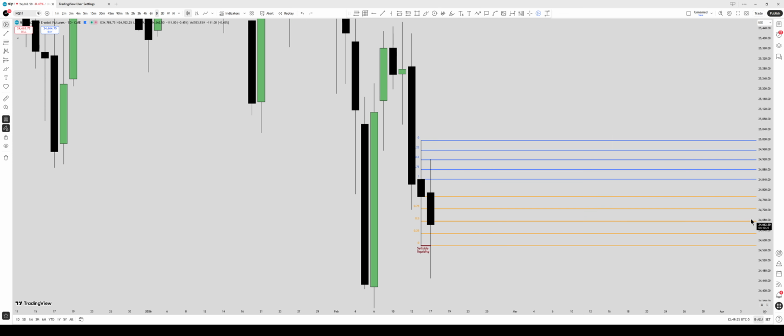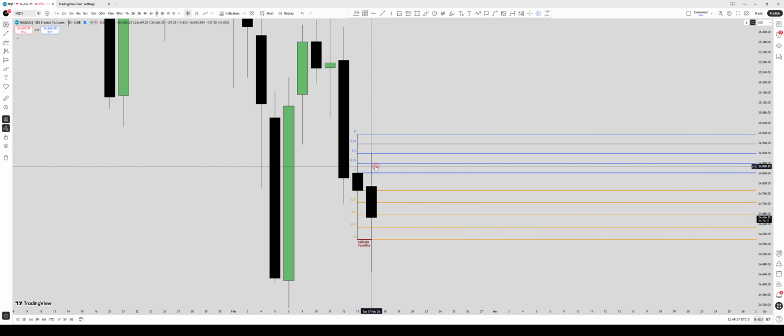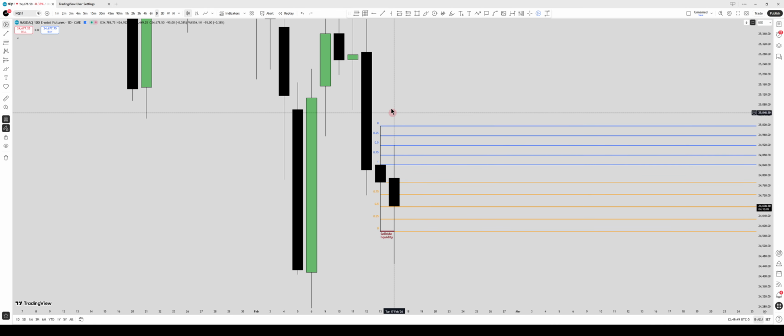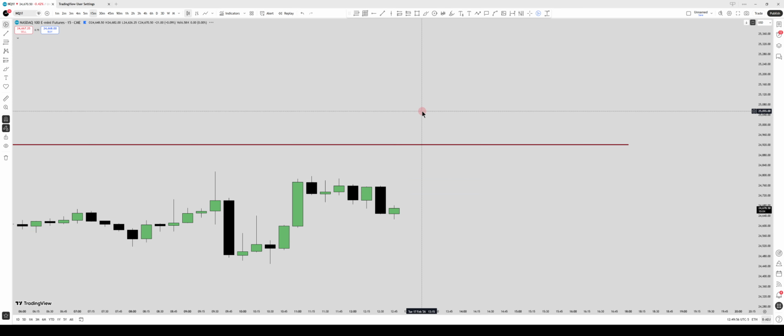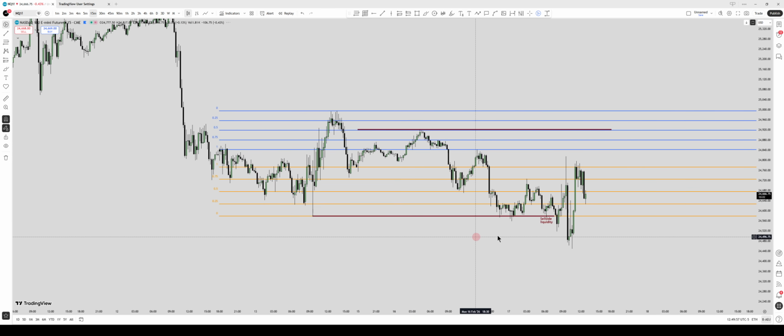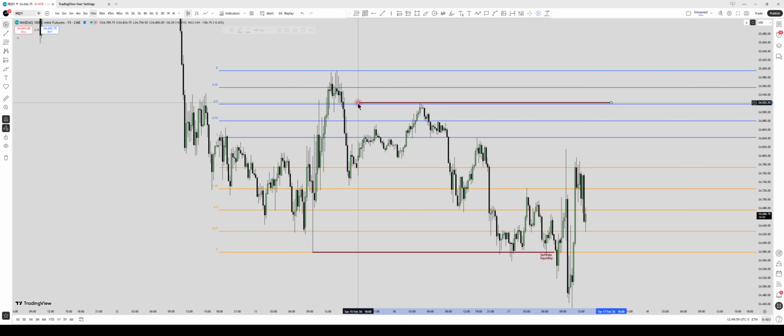The blue lines are the quadrants of this consolidation's wick. Now the orange is the quadrants for this consolidation's wick. So if we just do this and then go back, this is the 50%.